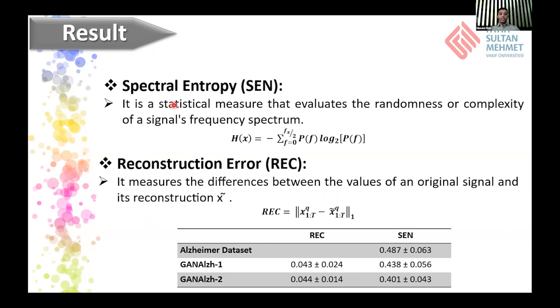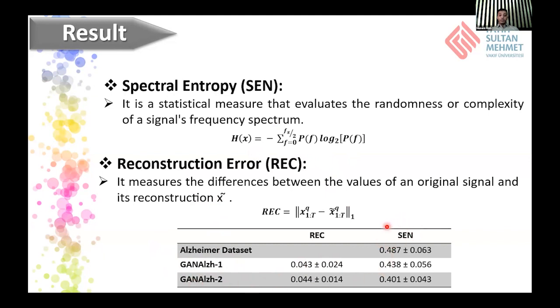Spectral entropy is a statistical measure that evaluates the randomness or complexity of the signal frequency spectrum, and the reconstruction error measures the differences between the values of the original signals and the reconstruction. These metrics have been used before to measure the performance of GAN models, and we can see that of the generated models, two of them succeeded. One of them, GAN Alzheimer 1, is better than GAN Alzheimer 2.